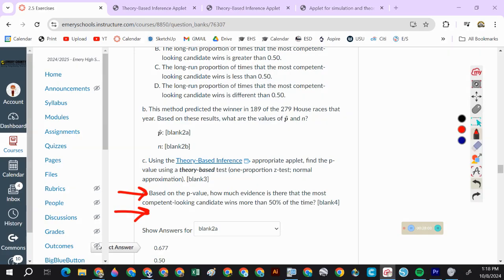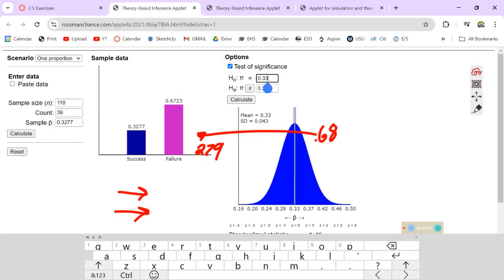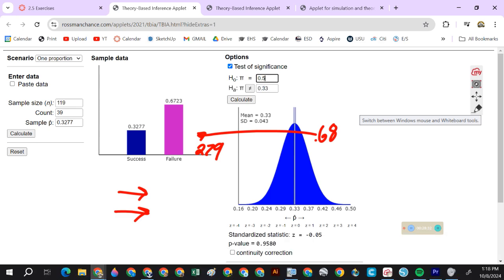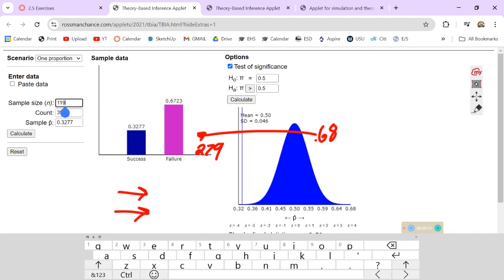So we ended up with 189 out of 279, sorry, and that is 0.68. So our p-hat is 0.68, and our sample number is 279. Let's plug that in here. We need to change this to 0.5, and then we want this to be greater than 0.5.